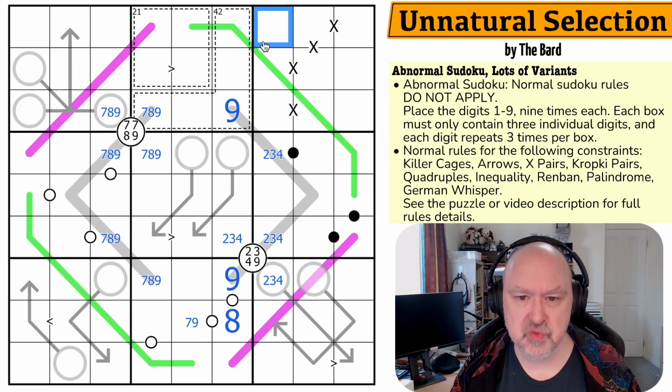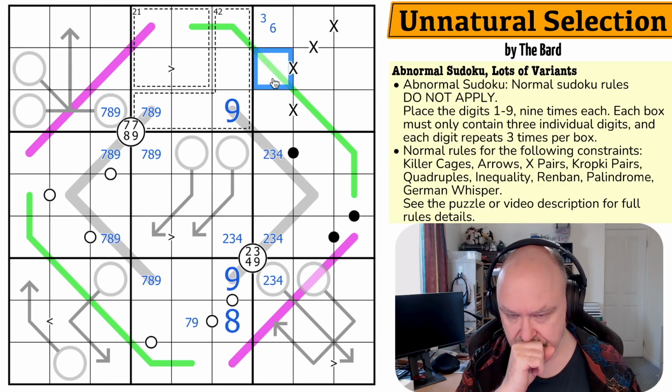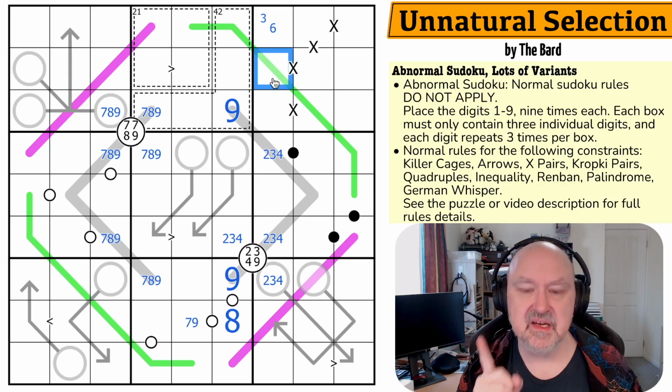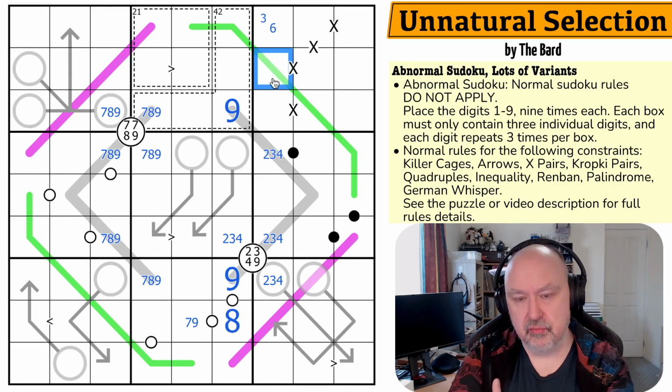I just need to figure it out. So hang on, I've got 27. So what I need is 42 minus this. I need another 36 worth of digits, because I've got 27 already.